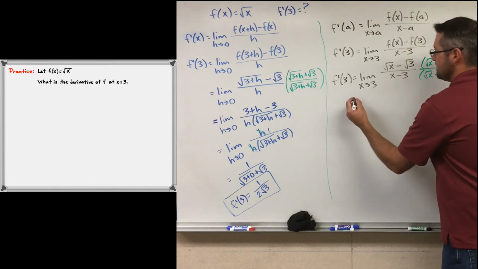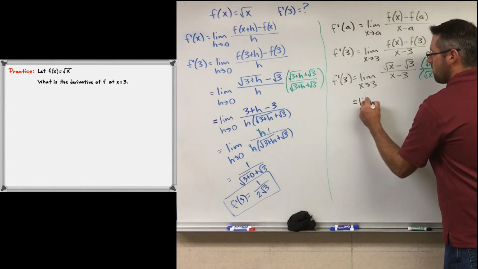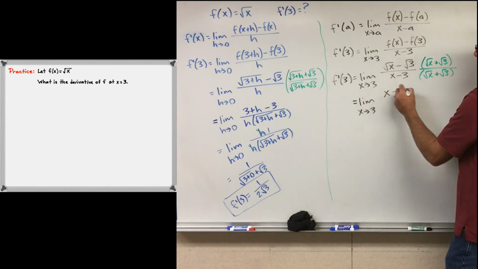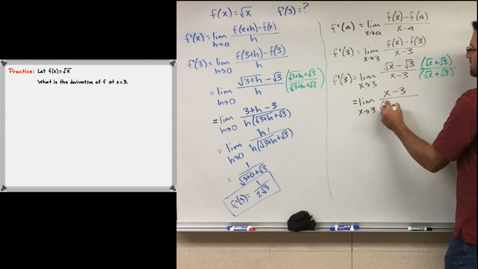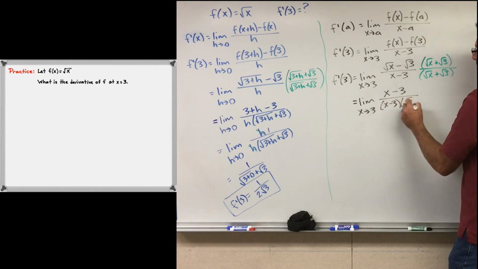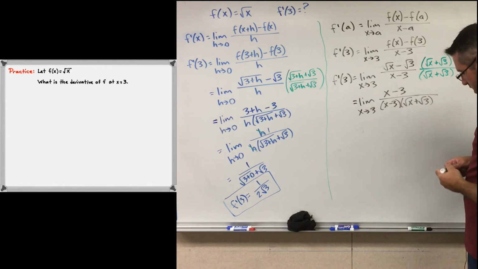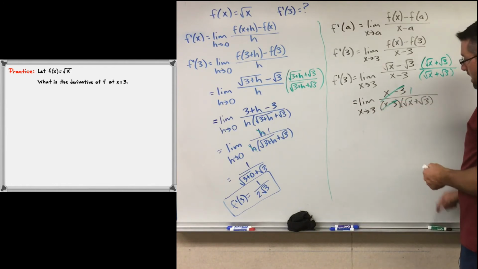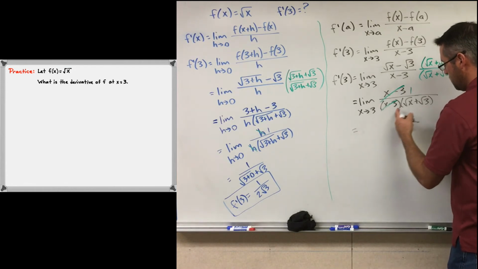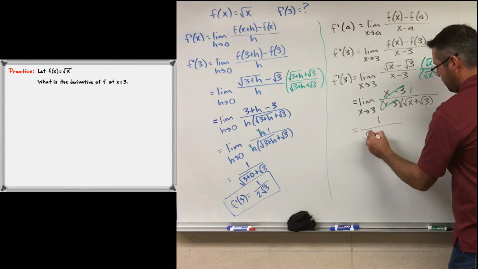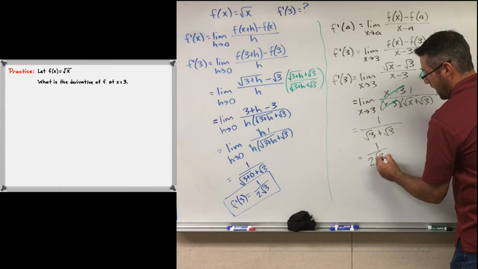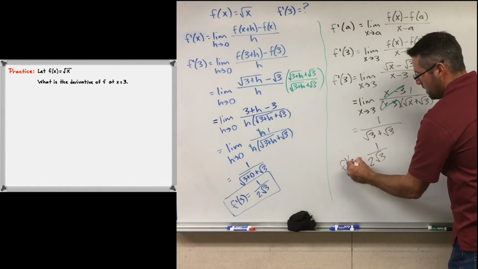That simplifies to x minus 3 on top over x minus 3 times rad x plus rad 3 on the bottom. The x minus 3 and the x minus 3 reduce each other. We're left with 1 on top, and then we can plug in our 3 value. So we get 1 over radical 3 plus radical 3, which is equal to 1 over 2 rad 3. And we have the same answer.